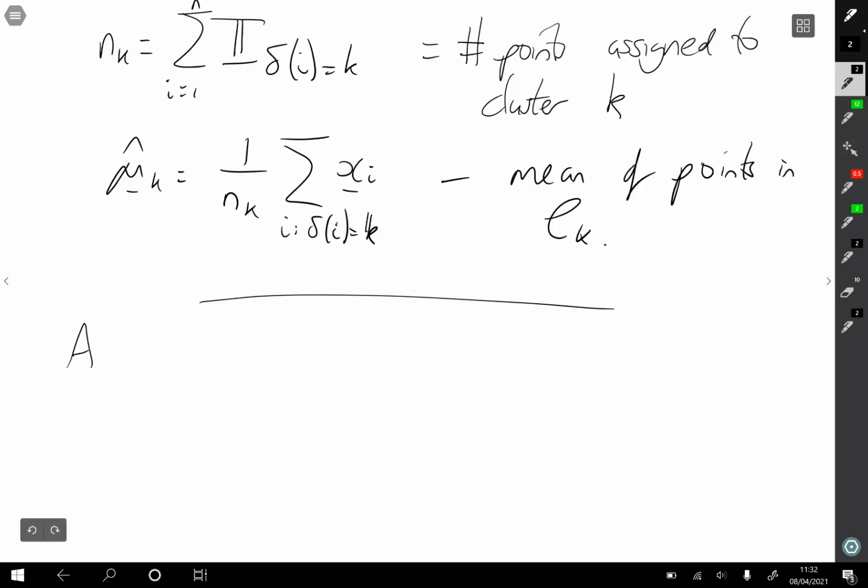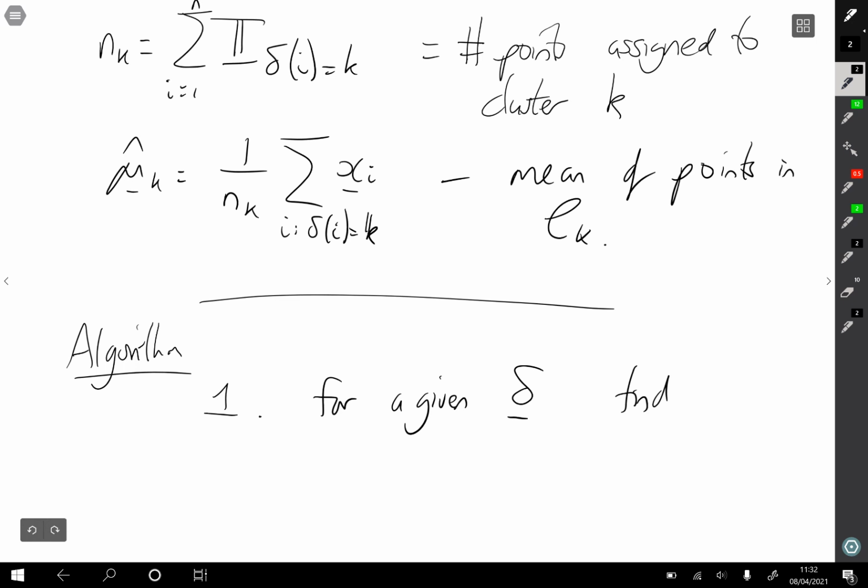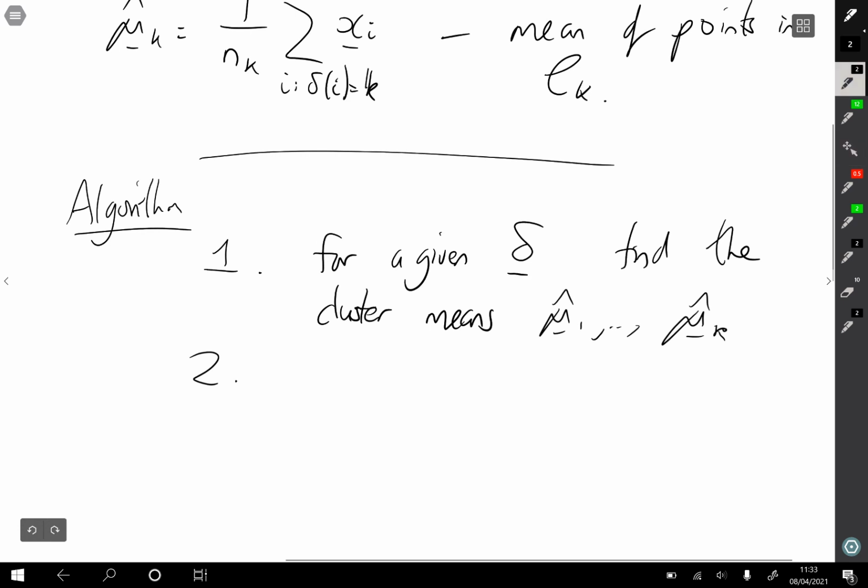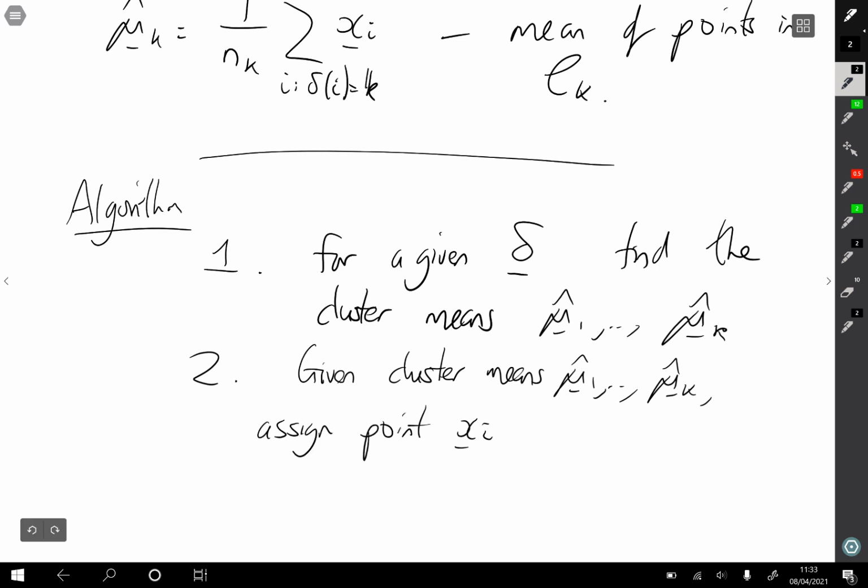So the algorithm used is as follows. First of all, for a given cluster assignment, for a given encoder, we find the cluster means mu hat 1 up to mu hat k. The next step is, given the cluster means, we're going to assign each point xi to the closest cluster mean.